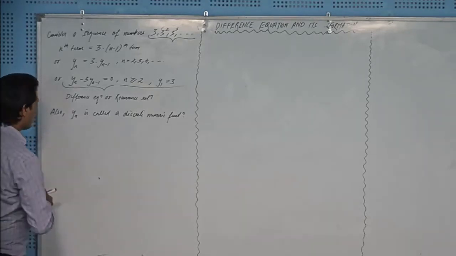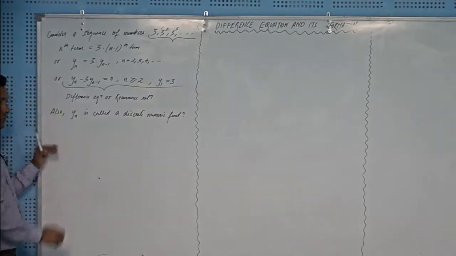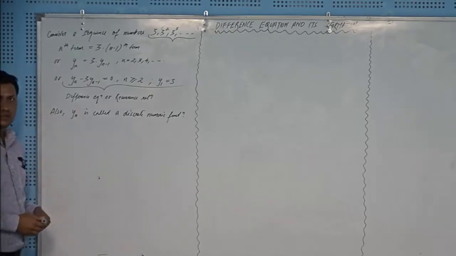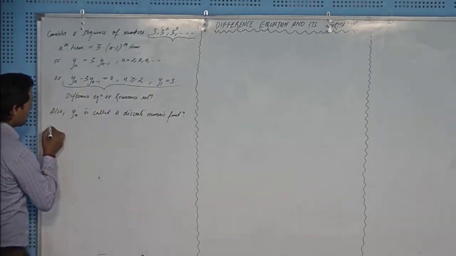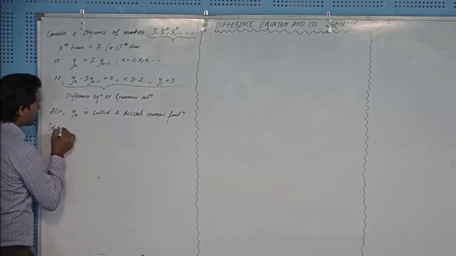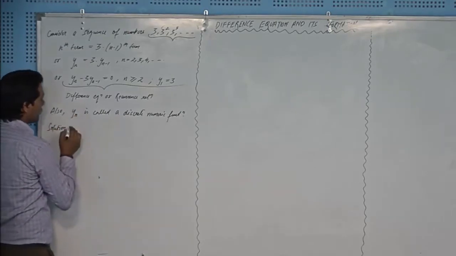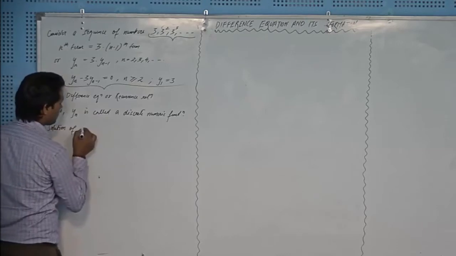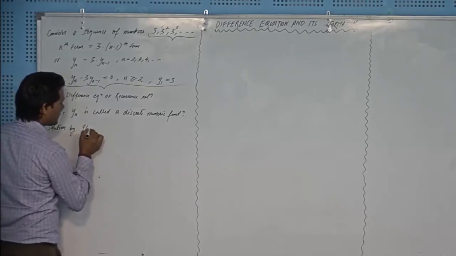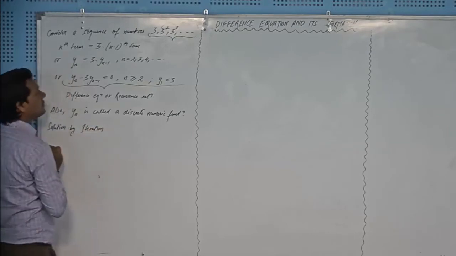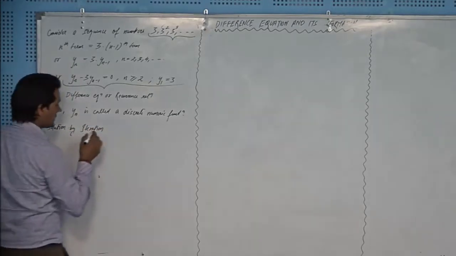This process is called the iteration method to find the solution of a difference equation. This is the simplest method to find the solution of a difference equation. The solution by iteration method, or you call it the back substitution method.